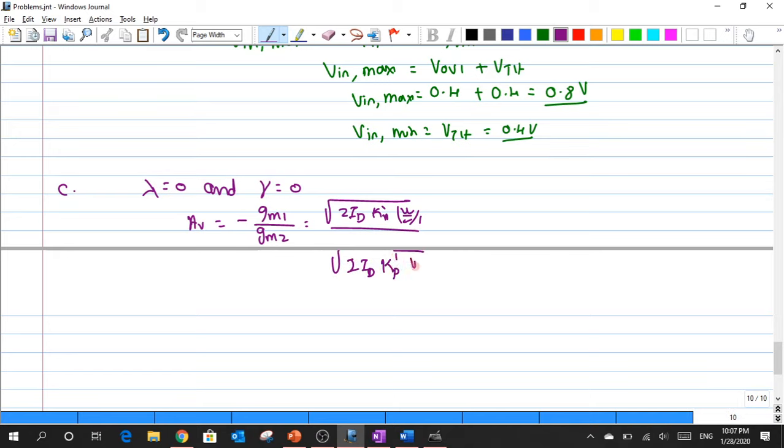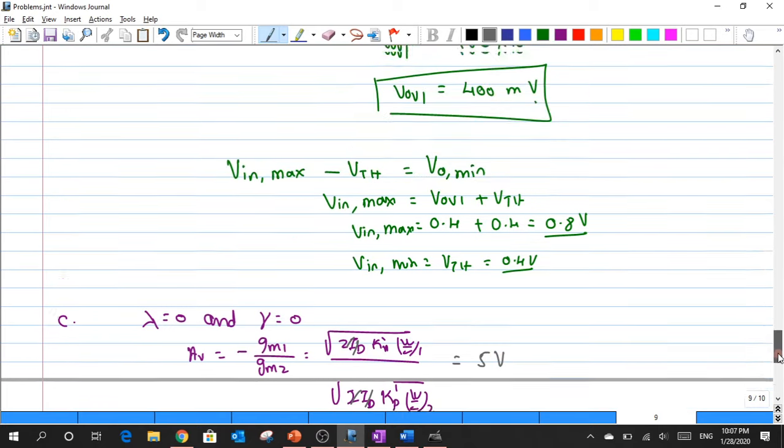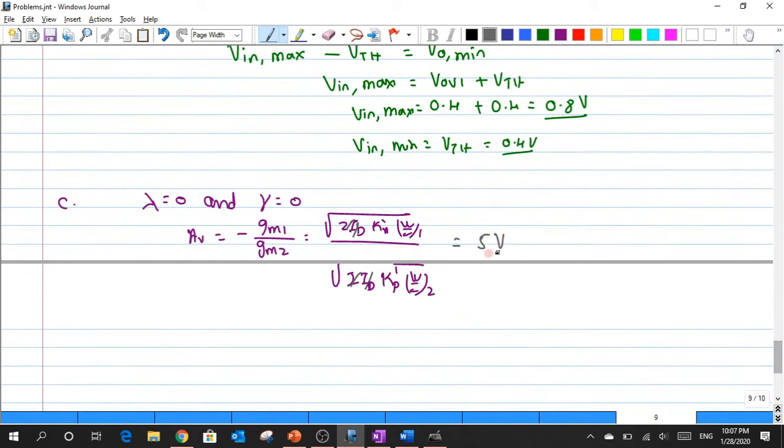One could cancel those common terms, and we end up with the same value of gain which was used to compute the W by L factor. So there is no change in this gain, just because these gms cannot take into account the Vout at which the circuit is currently operated.